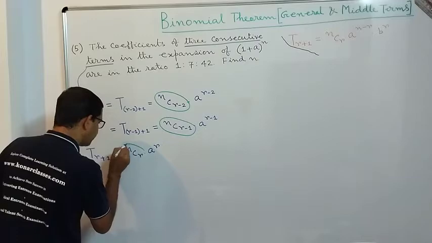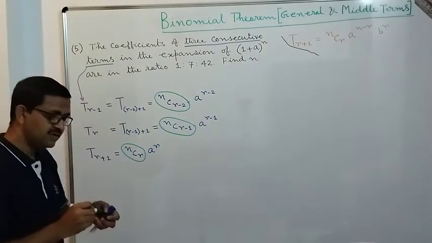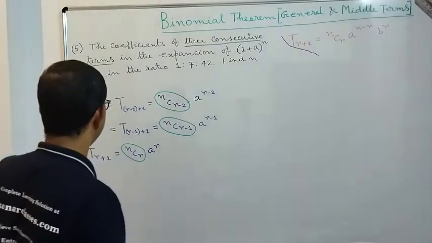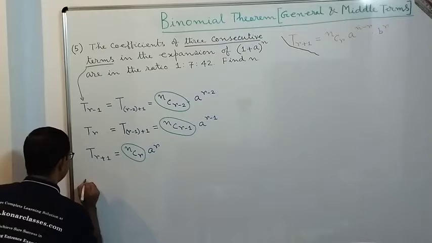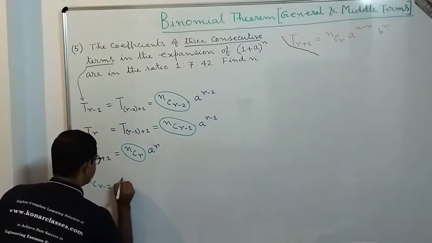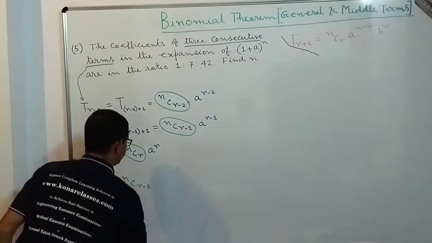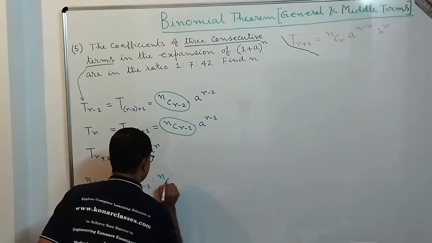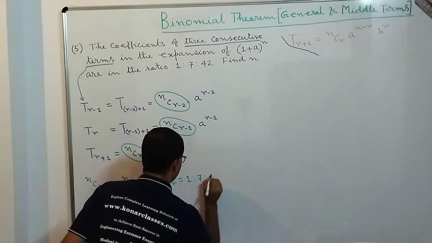So these 3 coefficients are in the ratio of 1 is to 7 is to 42. So what we get from this question is that nC(r-2) is to nC(r-1) is to nCr, that is equal to 1 is to 7 is to 42.